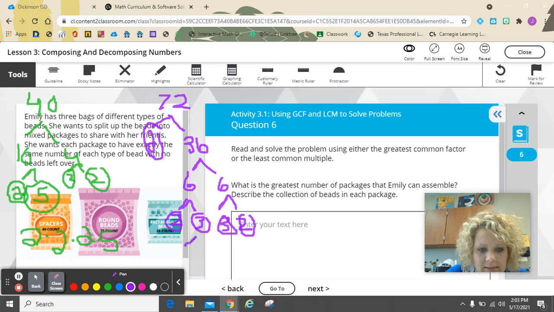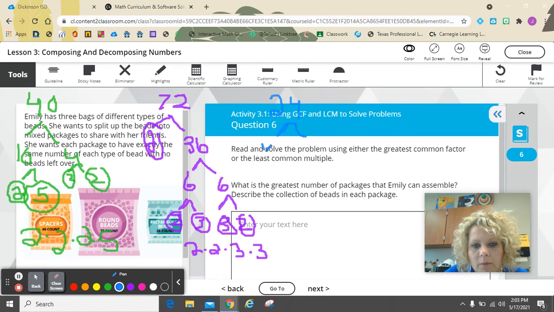So I'm going to rewrite this down here as 2 times 2 times 3 times 3. And then I'm going to do my last one in blue because those are my last beads, which are the rectangle beads. So I need the prime factorization of 24.